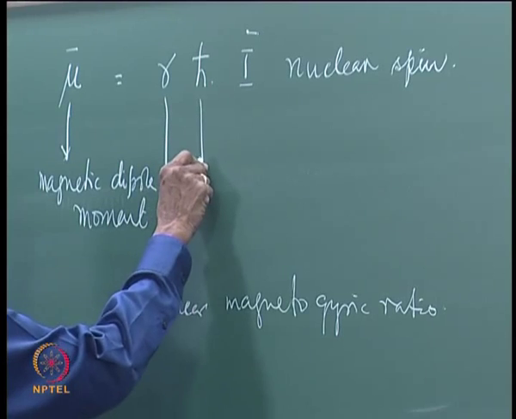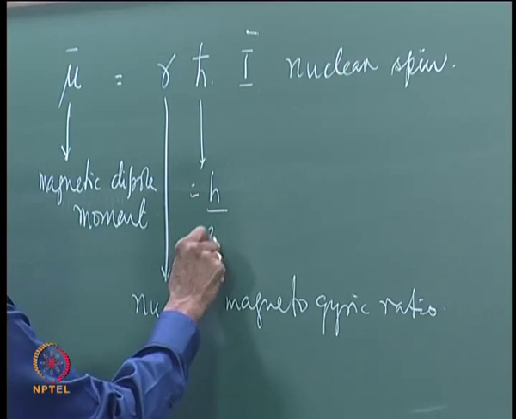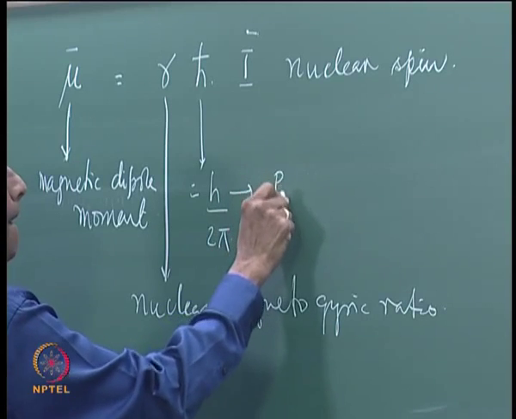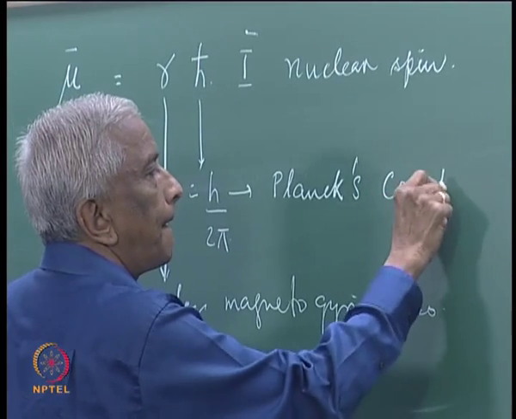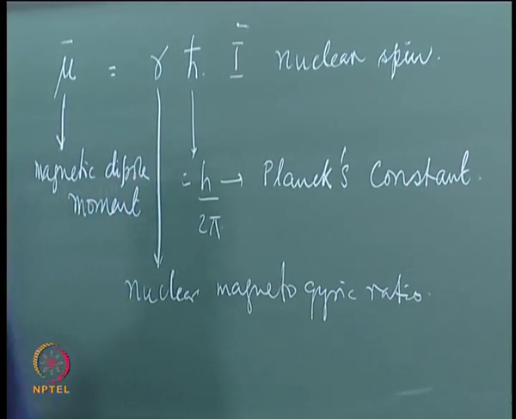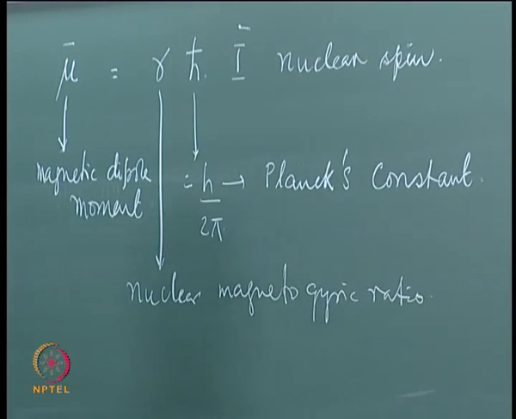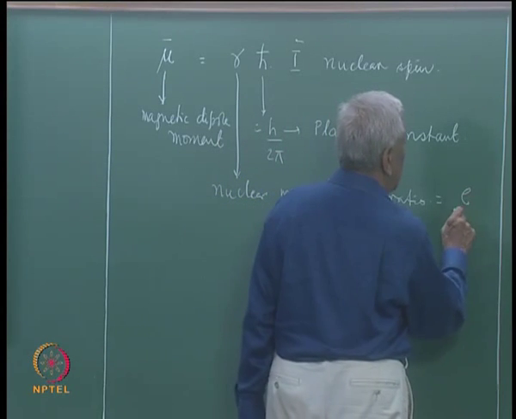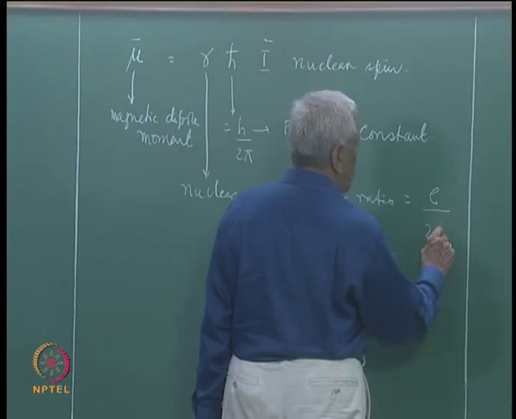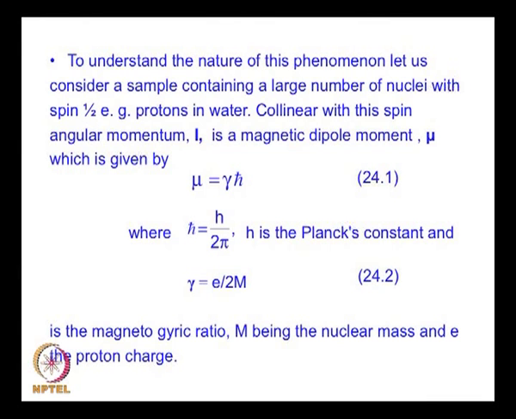H cross is h by 2 pi, where h is the Planck's constant. This nuclear magnetogyric ratio has the value e by 2m, where e is the nuclear charge, which in the case of proton is just the electronic charge, and m is the nuclear mass.